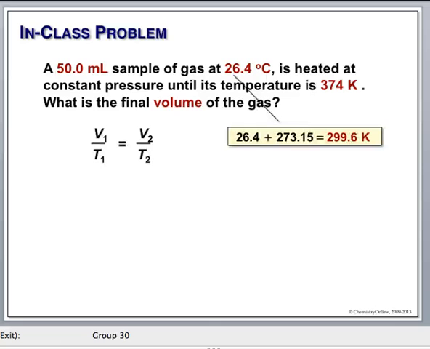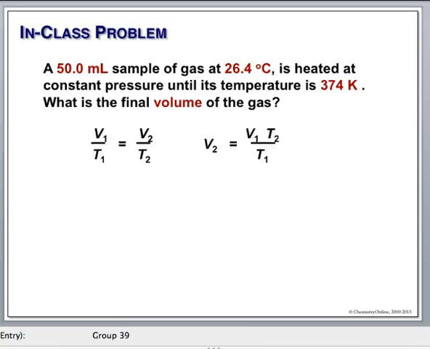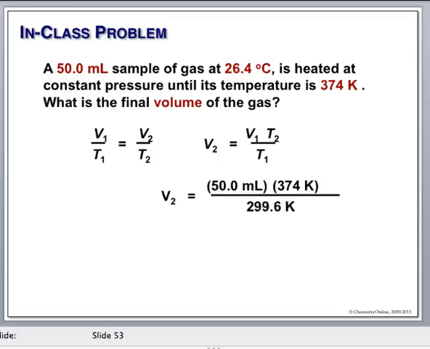All right, we can now substitute in here, solve this for our final volume. It's going to be V1 T2 over T1. Simply cross multiply. Substitute in our numbers. We have 50 mils. We have our final temperature here at 374 and our initial temperature at just about 300 Kelvin.